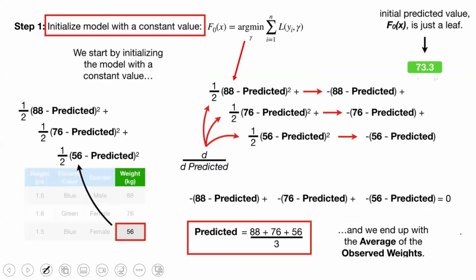Now if we go to step 1, initialize the model with a constant value. In step 1 we take the average of all the values, and this is just the representation of that.